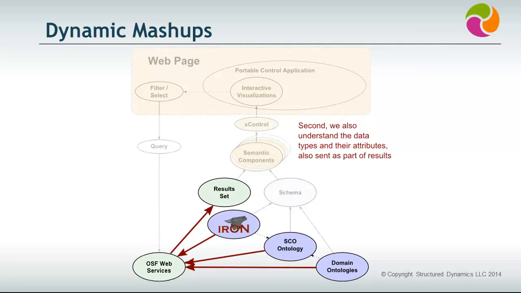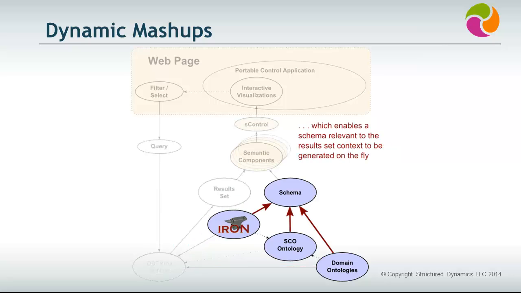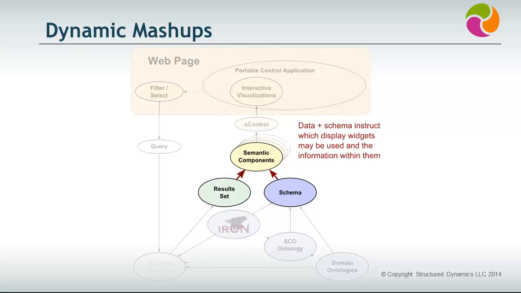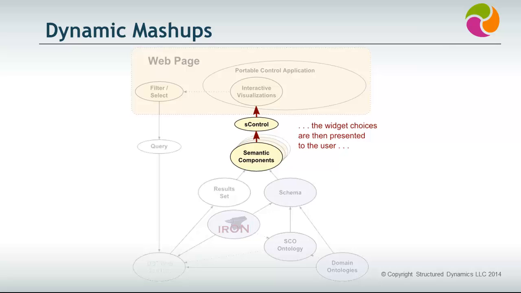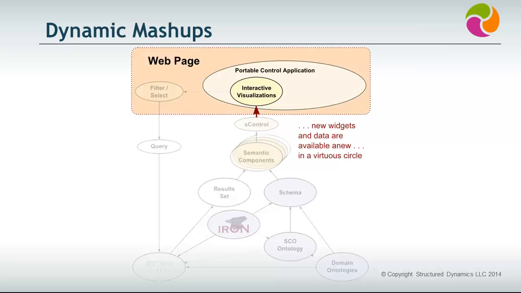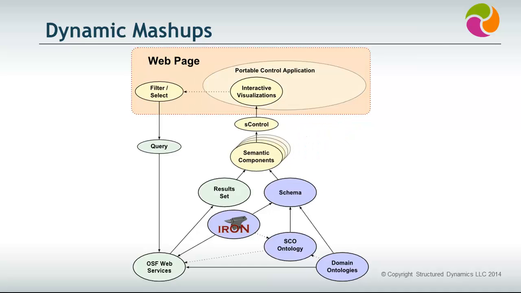Those results will be matched then with some of these administrative ontologies and domain ontologies to create a schema of results that are then presented back through a series of appropriate widgets, where the user can select which ones they want to display the information. And now the information is again shown in the web page, all of which is in a virtuous cycle of interaction.